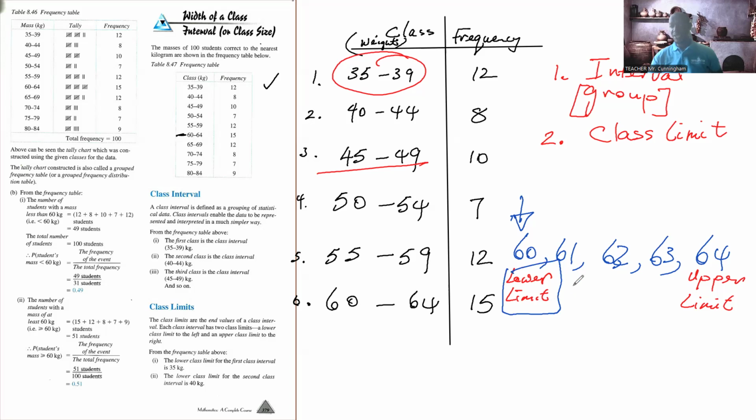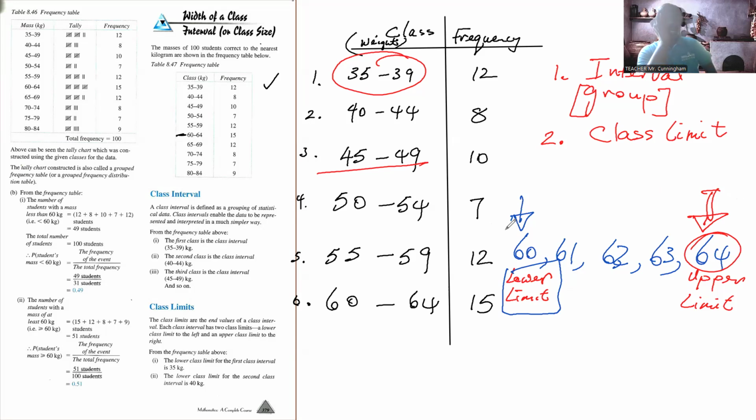Okay, Tyrese, look at the video. When you're absent, you look at the video. All right, sir. The upper value or upper limit would be your highest number. So Vion, this is your question.